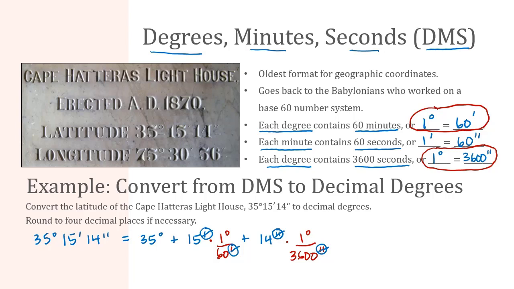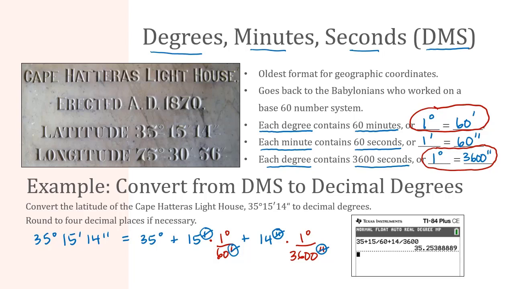Now, what I'm going to put in my calculator is 35 plus 15 over 60 plus 14 over 3,600.